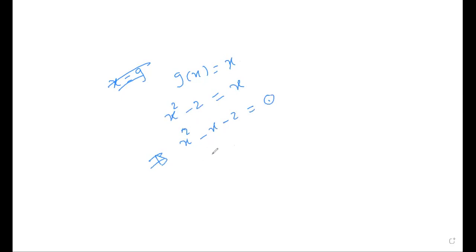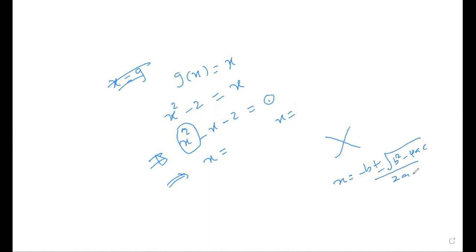What will be the roots for this one? We must have two roots because of this quadratic. Can you find out? Either you can use factoring, or you can use x equal to minus b plus or minus square root of b squared minus 4ac over 2a. You can use this kind of technique. If I use factoring, I need multiplication minus 2 and addition minus 1.